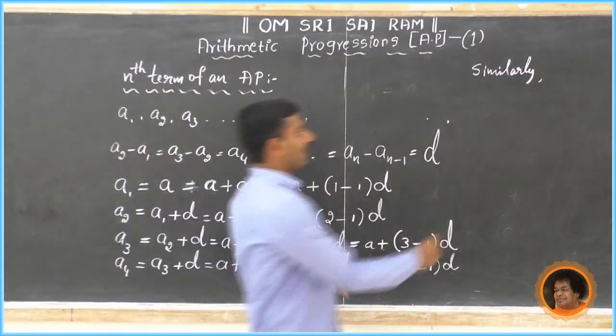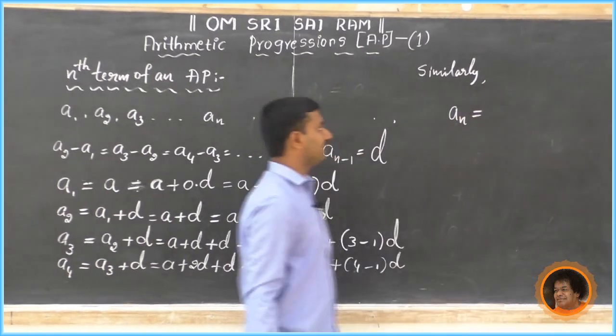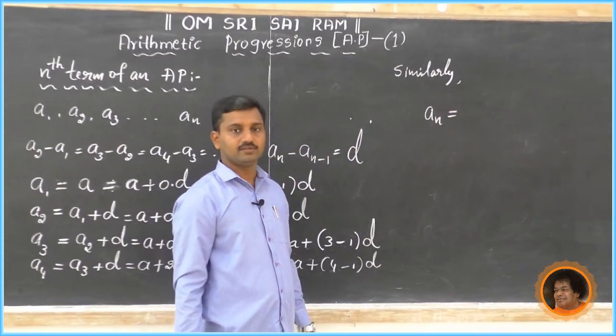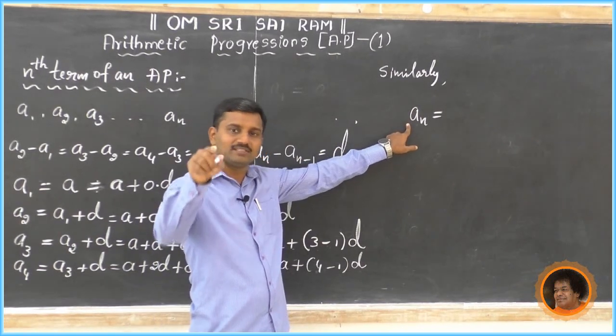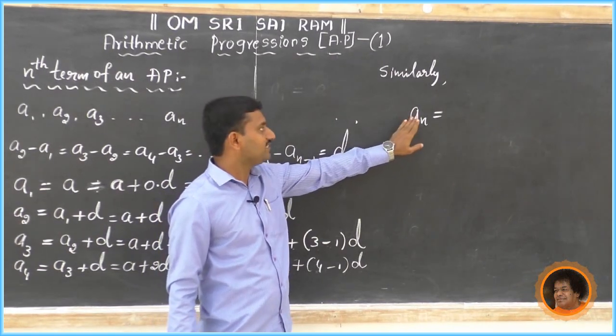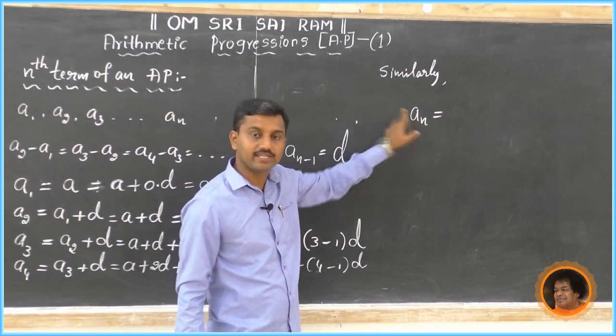So similarly, how can we write the nth term? The nth term is denoted as an, or the last term. Sometimes the last term is denoted as L. But in general, the last term, the nth term, or the general term is denoted as an.